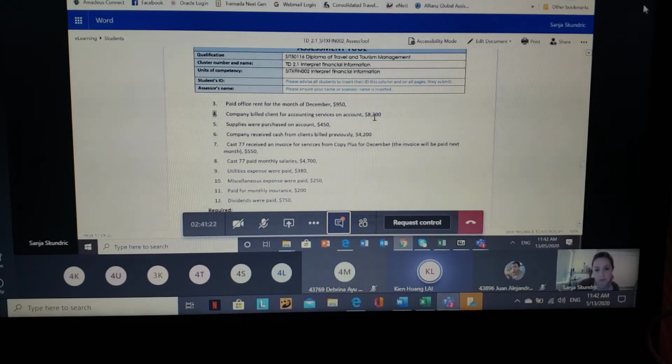So that's why I still put the rest, 4,000, in the account receivable. So you're saying that you think both of these still need to be added to our assets? Yeah.